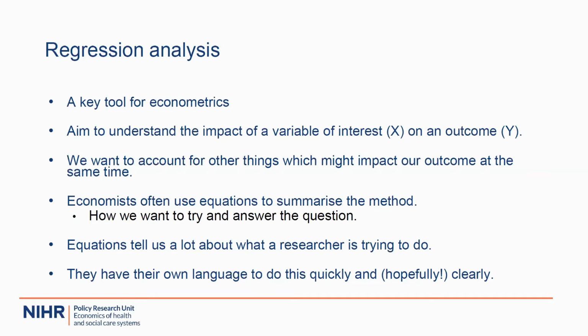So having some idea of what that language is and what it's trying to tell us can help us use the equation to understand what the researcher is trying to do. And the attempt is to do this in a hopefully clear and succinct way. But what we're going to do in this session is to think about understanding that language.